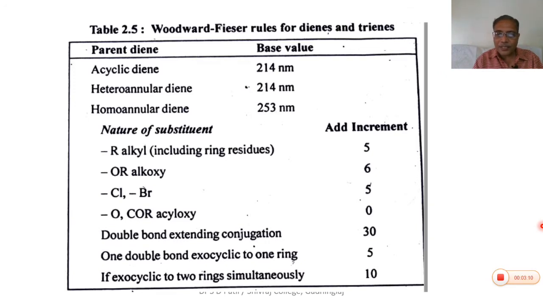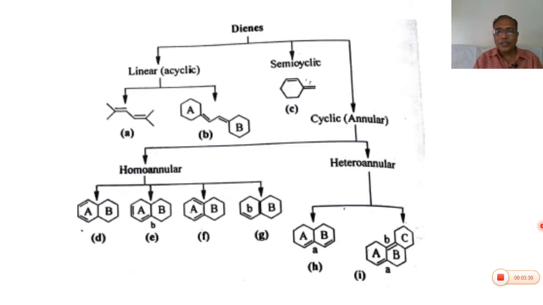Double bond extended 30, one bond exocyclic to ring 5, and if exocyclic to 2 rings there is increment of 10 nanometers. So these values are useful for calculating theoretically the expected lambda max values for a given compound having diene structure. So before going into details, let us see what are the possible structures of dienes.